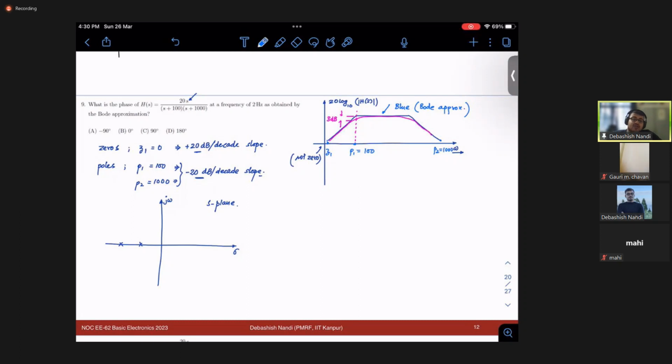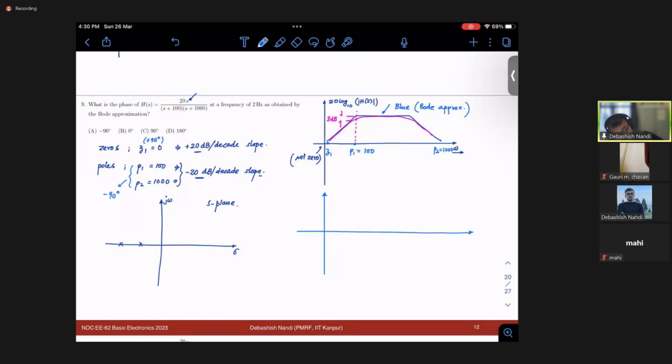And what about the phase plot? A zero contributes plus 90 degree and poles contribute minus 90 degree, right?